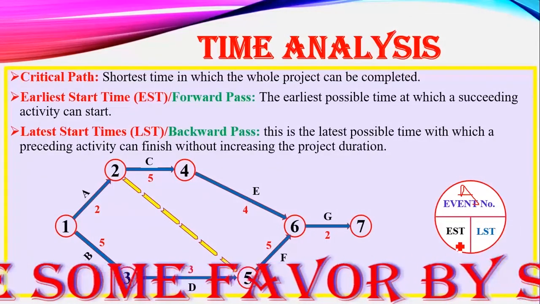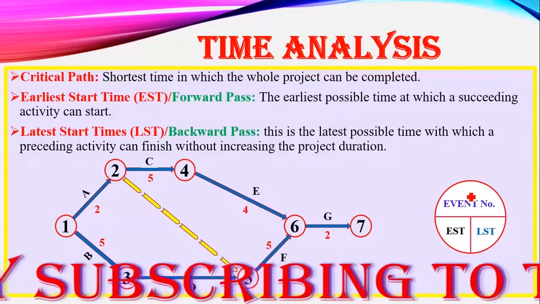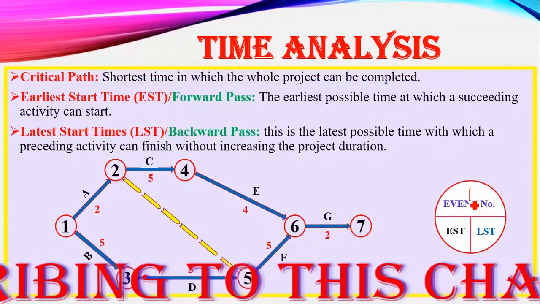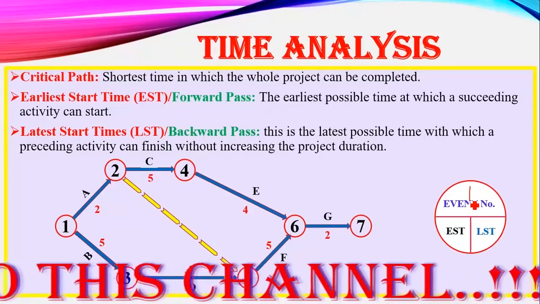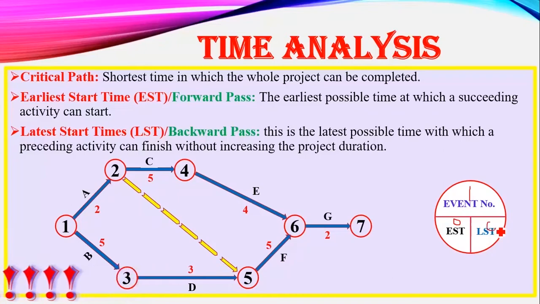So, sorry, there's something you need to check here. You're talking of event 1, not event A. That is event 1. Activity is A. So we are going to have this as a starting point. So this will be 0, 0, as you can see. So we are going to see how you calculate that as we move along in the next illustration.